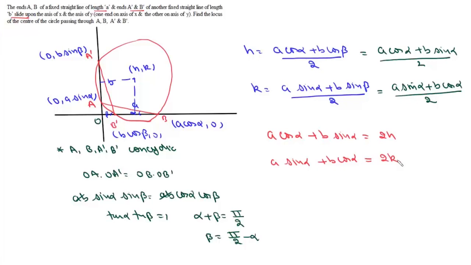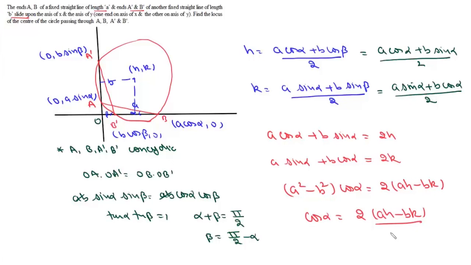Now we'll multiply the first equation with a and the second equation with b and subtract. So we'll get a square minus b square cos alpha will be 2ah minus bk, or simply cos alpha is 2 times ah minus bk upon a square minus b square.